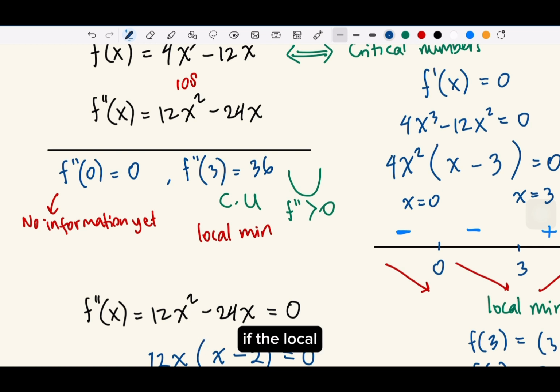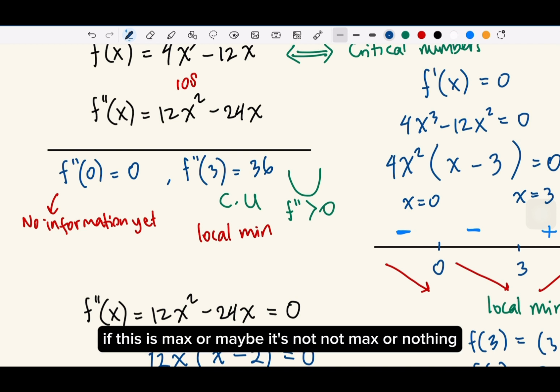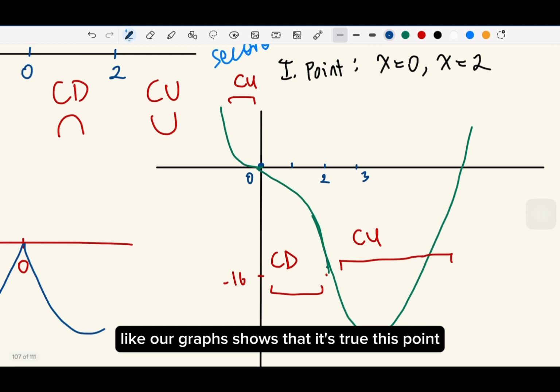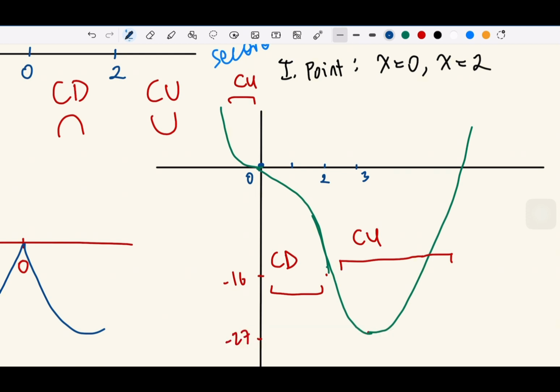If this is positive, it means like this, right? So this will be a local min. But if it's still 0, we don't have any conclusion if this is max or min. Or maybe it's not max or not min, like our graph shows. This point is not maximum, not minimum. Right? Okay.